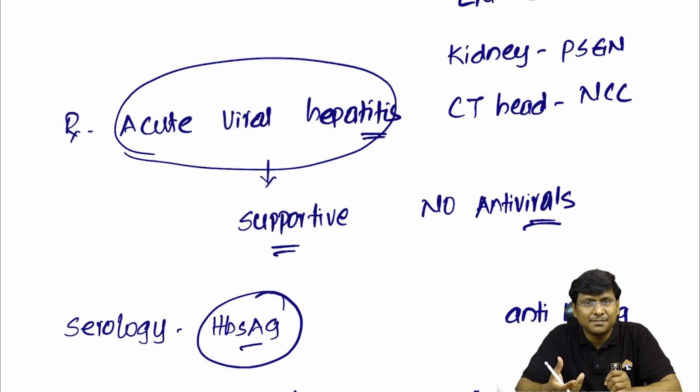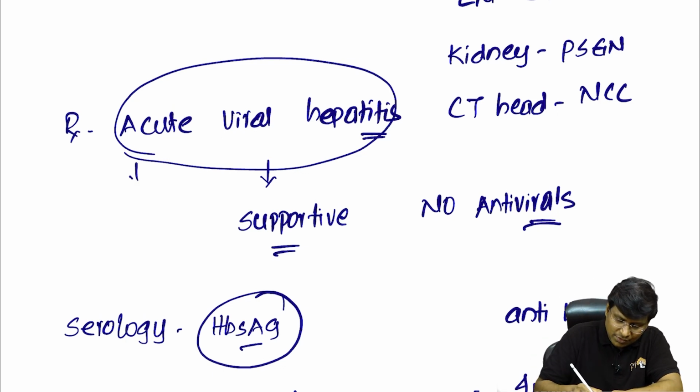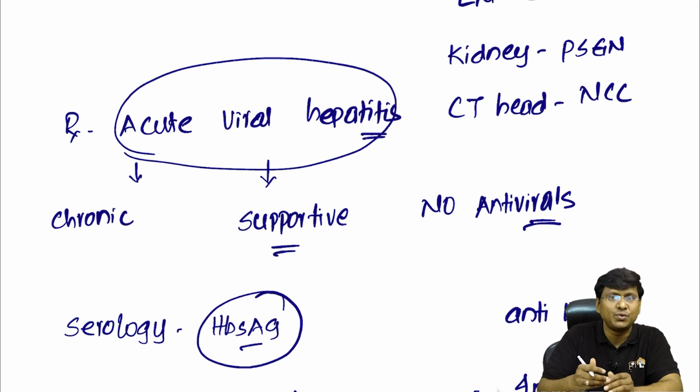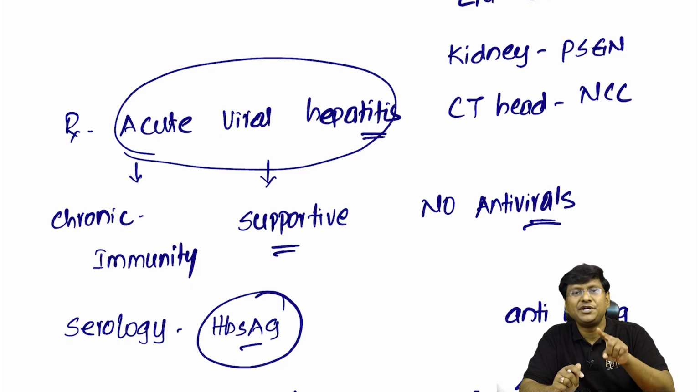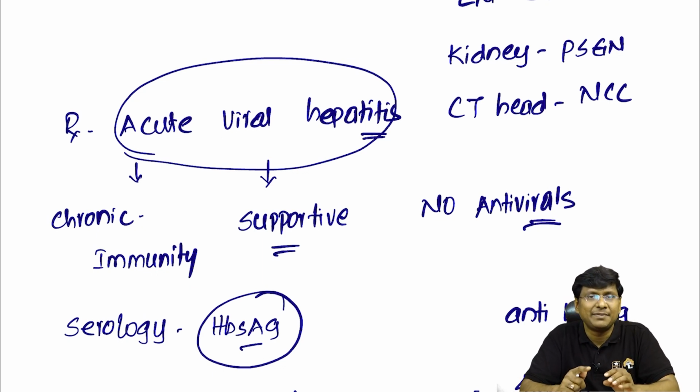Now, what are the factors which will determine the progression of acute viral hepatitis to chronic viral hepatitis? The factor that will determine the progression of acute to chronic is the immunity of the individual, right? If the immunity of the individual is good, then the acute viral hepatitis will get reverted. It will be self-limited.